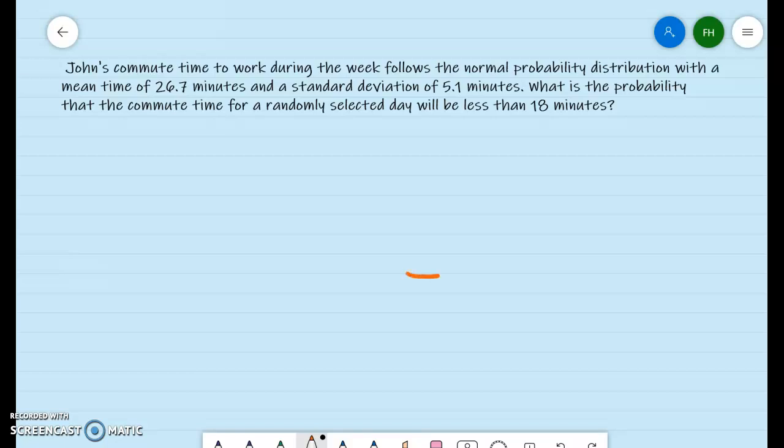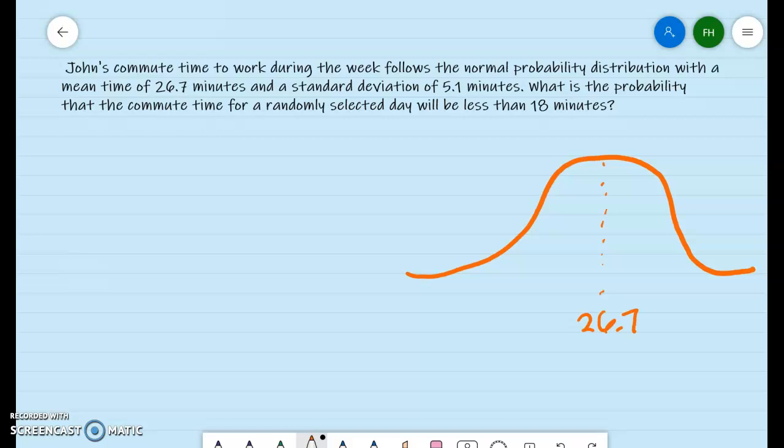I always like to draw my normal curve, and your mean always goes in the middle. So our mean is 26.7, and we want to know the probability that the commute time would be less than 18.